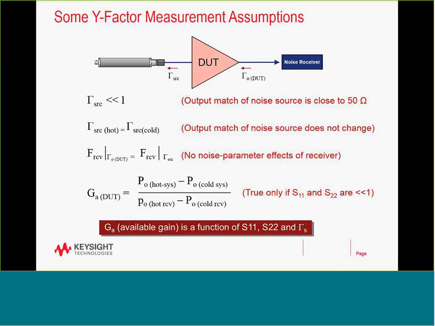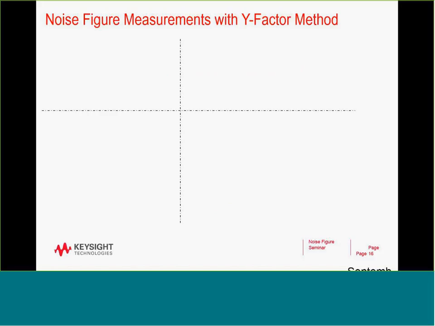And the gain, when we calculate it from the hot and cold powers, is only valid in the case of S1 and S2 measurements. So there is a little bit of an issue there in terms of gain calculation, but we could still effectively get a really accurate measurement in this case.